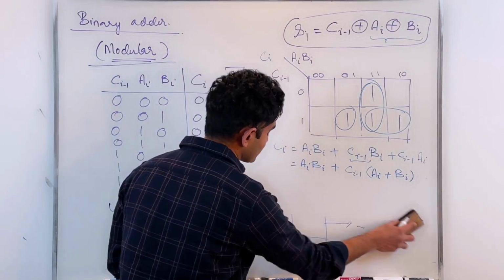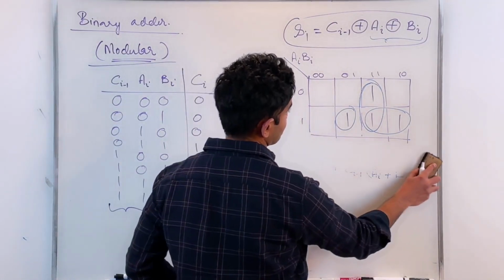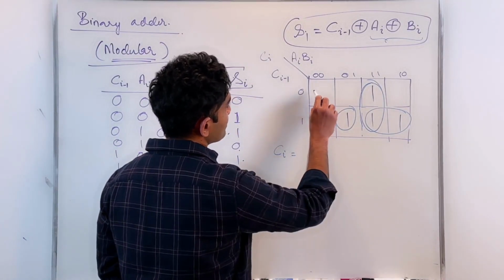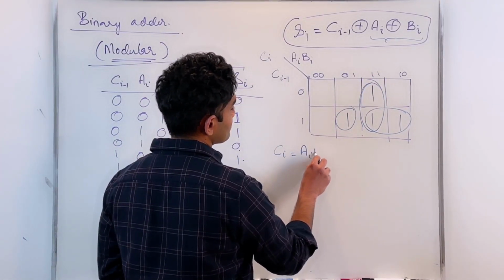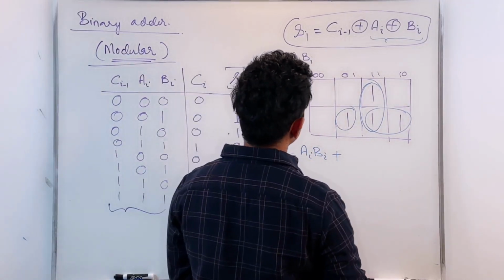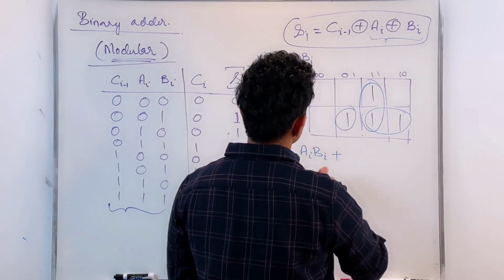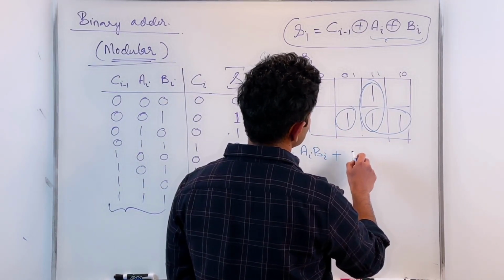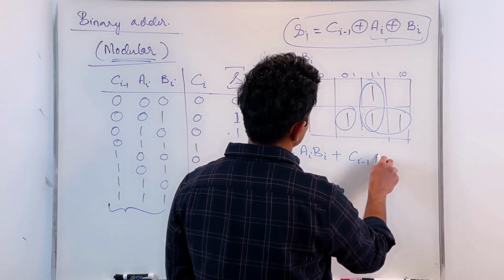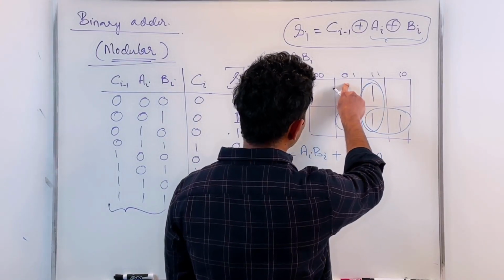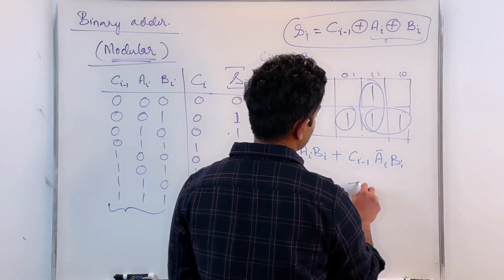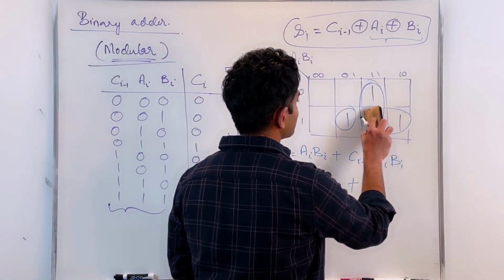So that to reduce the redundancy in my circuit, now I get my Ci as, again, Ai Bi. I still have to account for all the ones. Then what I have, that Ci minus 1 and then I have Ai prime Bi plus, actually let me combine it this way.